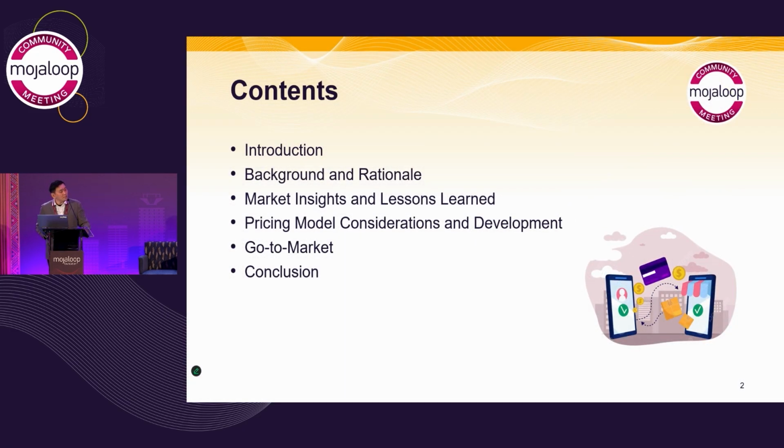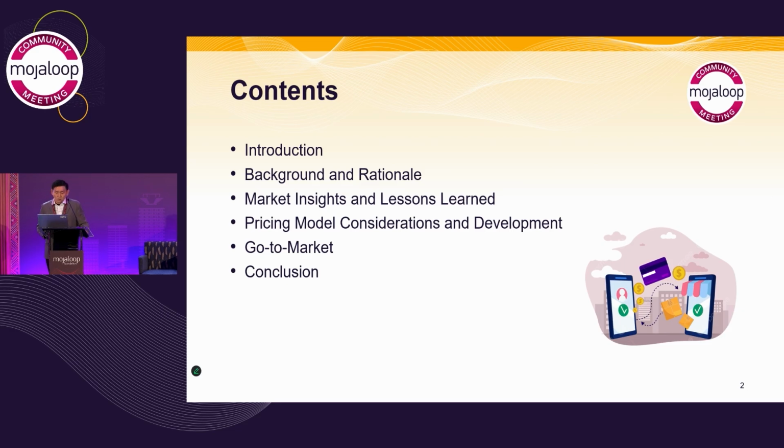Okay, we will start. This is the content. We will start with a brief introduction and the rationale behind this work, and then we will look into some interesting insights from global markets and lessons learned from various implementations.